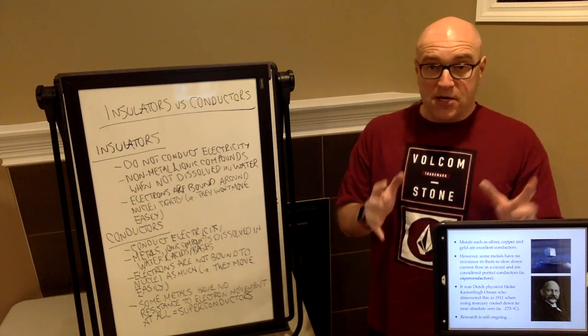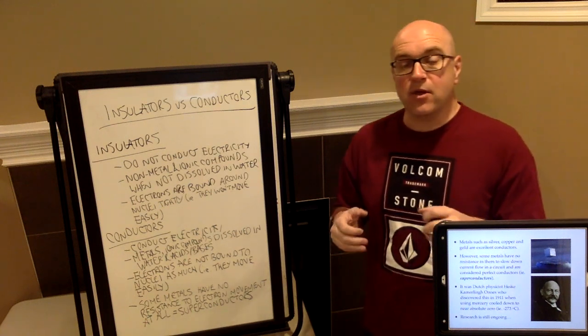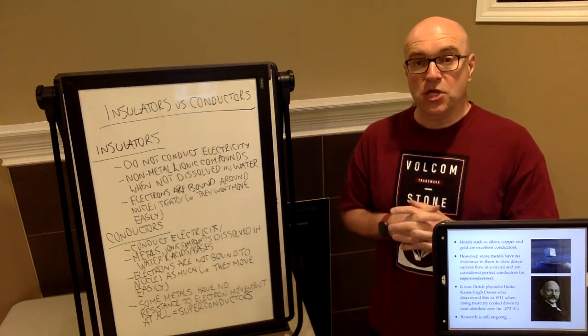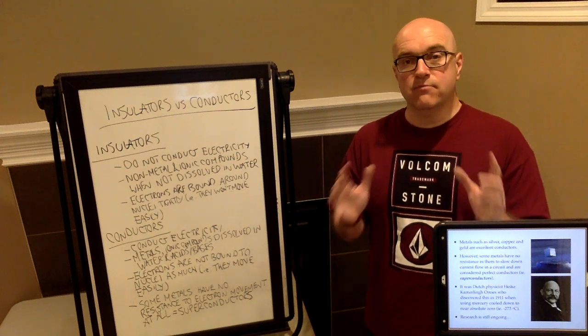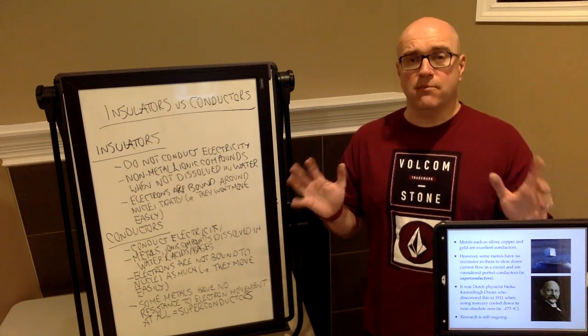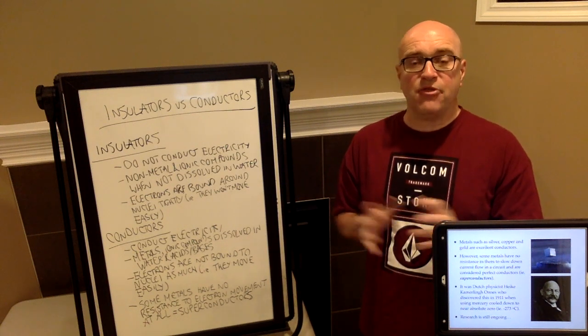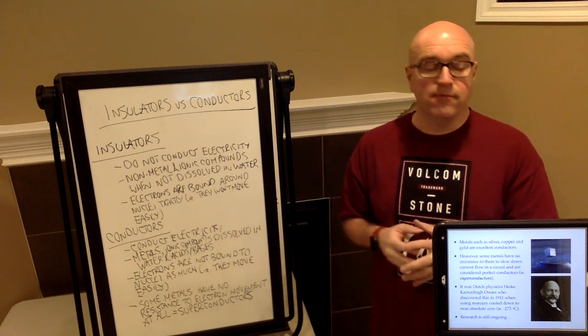Now, what a superconductor is, other than it sounds like a great superhero, superconductor man or whatever, is a conductor that literally has no resistance to the movement of electrons. These are metals that are so good at moving electricity that there's absolutely nothing that can stop the electrical current from moving.